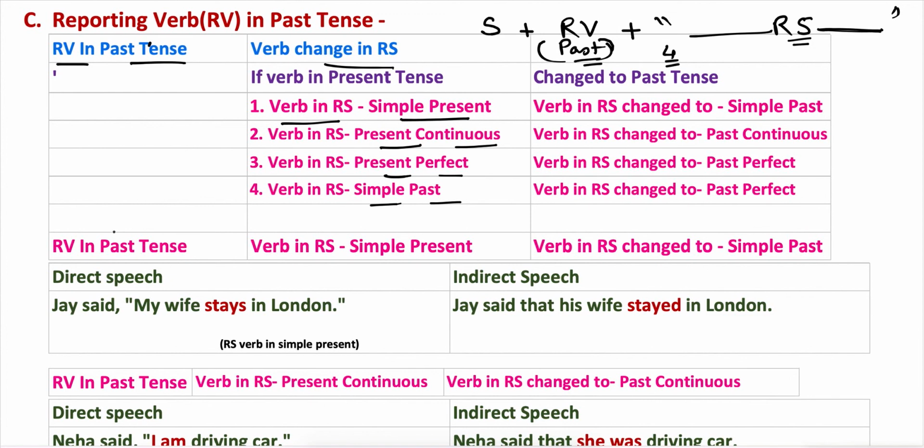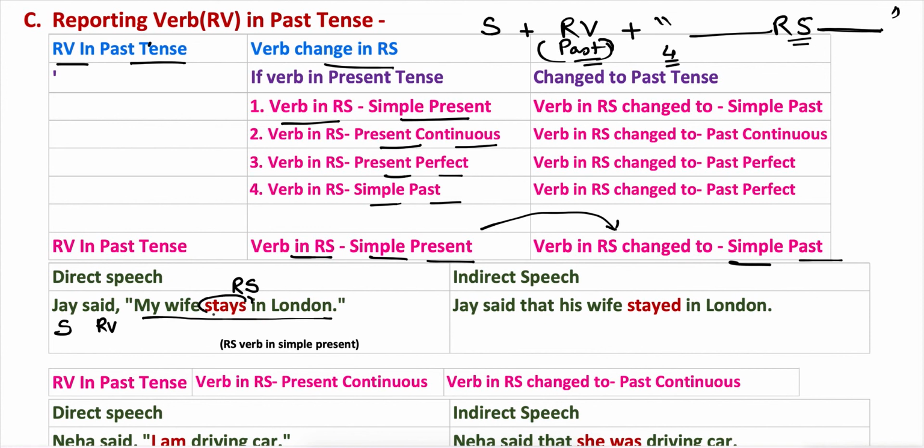So the first case is when the verb in the reported speech is in simple present. So simple present will change to simple past. Jay said, my wife stays in London. Jay is the speaker. Said is the reporting verb. This is the reported speech which we need to identify. So here, what is the verb?